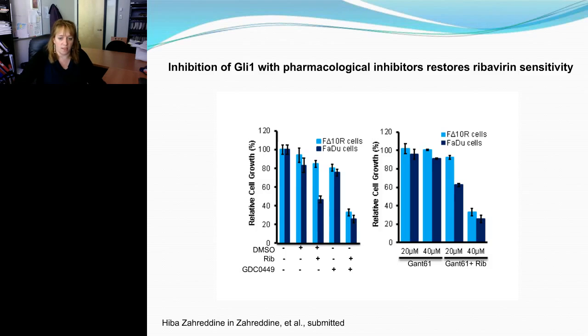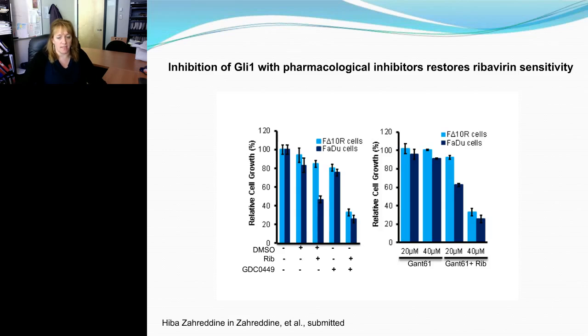And what we can see here is that if we add ribavirin at the IC50, the parental cell responds, whereas the resistant cell does not, as expected, given it's a resistant cell. But if we add GDC and ribavirin together, you have a nice cooperative effect where the resistant cells are now responding. And I note that GDC by itself does not have any marked effect on either the resistant or the parental cells.